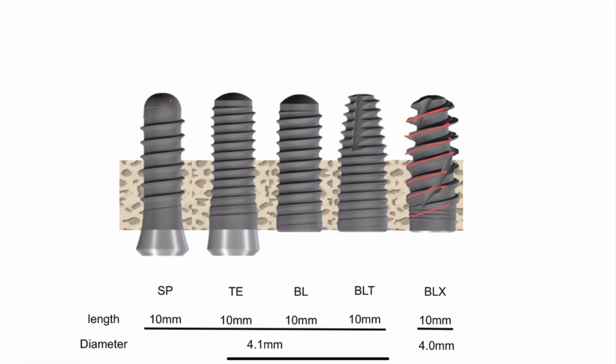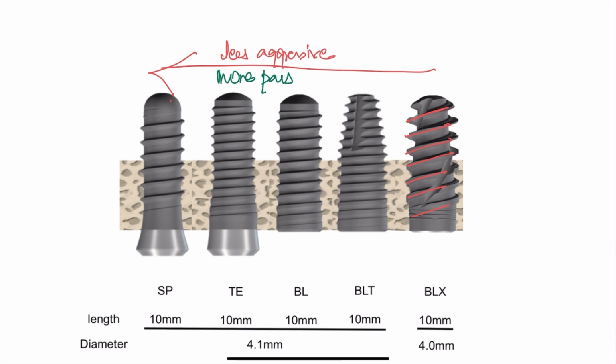As we go from right to left, we see the implants are becoming less aggressive or more passive. On the left-hand side we see passive implants with the least aggressive threads.